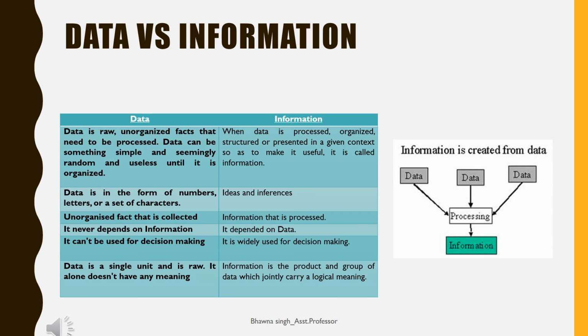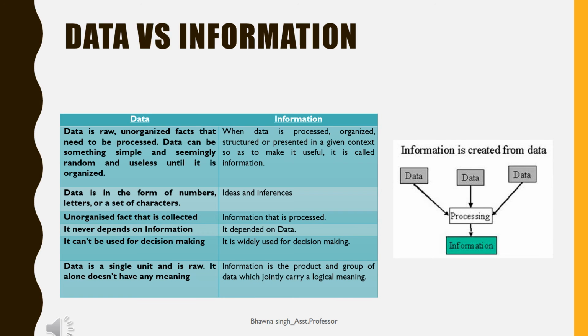So data is the raw facts, or you can say unorganized facts, that we need to process to make it a useful thing. And when we perform some operations on this data, it becomes the useful result, which is known as the information. Data never depends on the information, because we are collecting it from different sources, and information completely depends upon the data so as to make it useful.